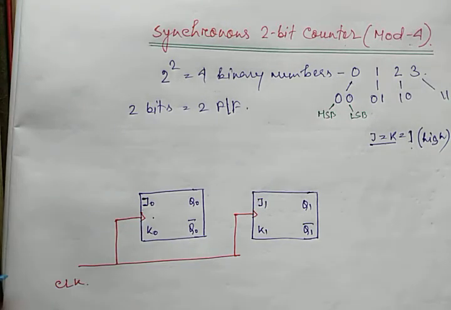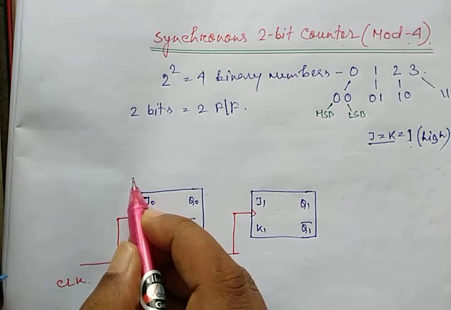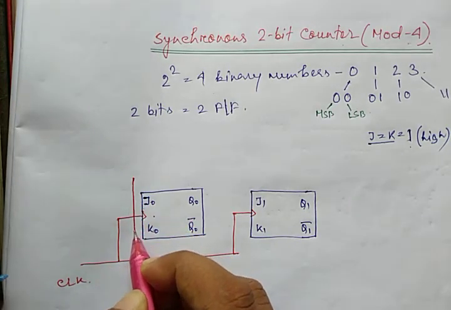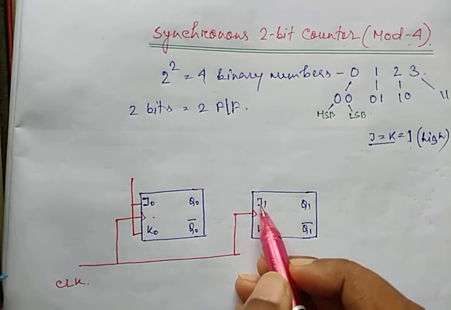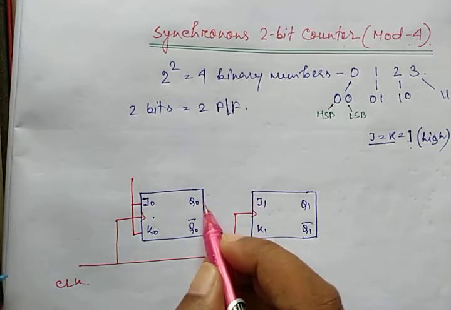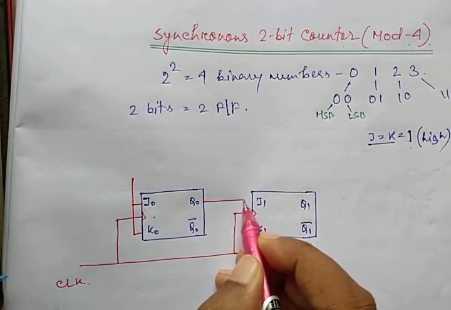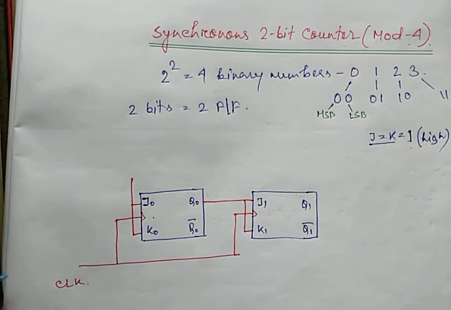For the input value, the first flip-flop is connected with an outside signal, and the input of the second flip-flop comes from the output of the previous flip-flop. Clear?